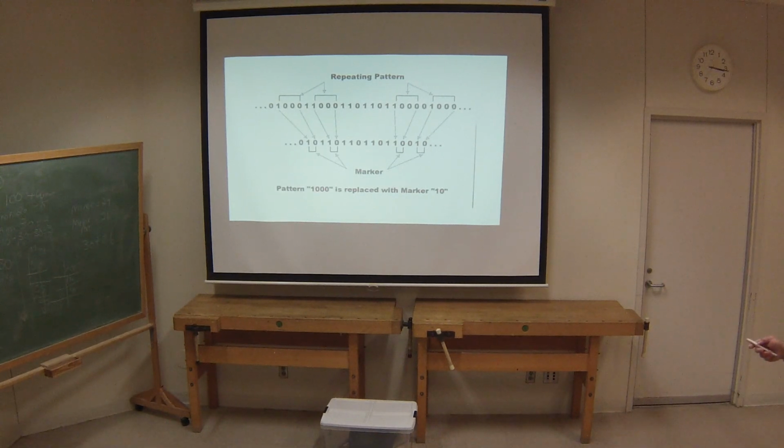We then look at the resulting output, and where we have repeating patterns, and this is something called Huffman encoding, which is basically anytime you have a long repeating pattern, you replace that repeating pattern with just a flag of a couple of bits.